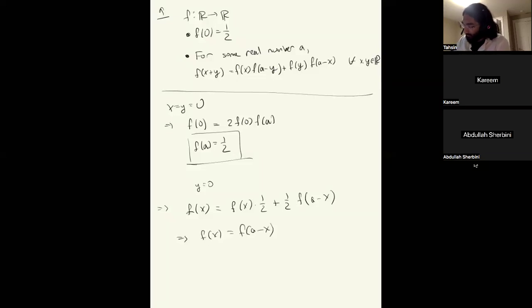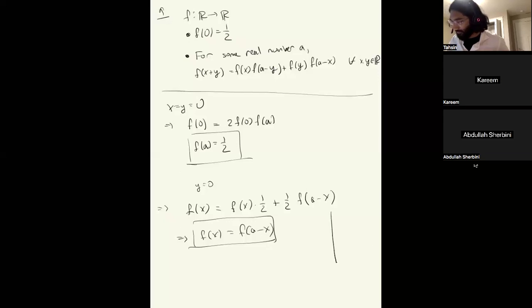Okay, so that's a very nice result. Your function is symmetric in some sense. Great, so what can we do from here?